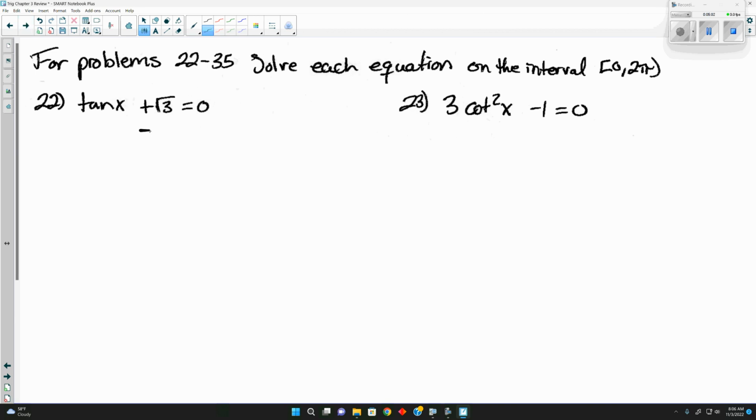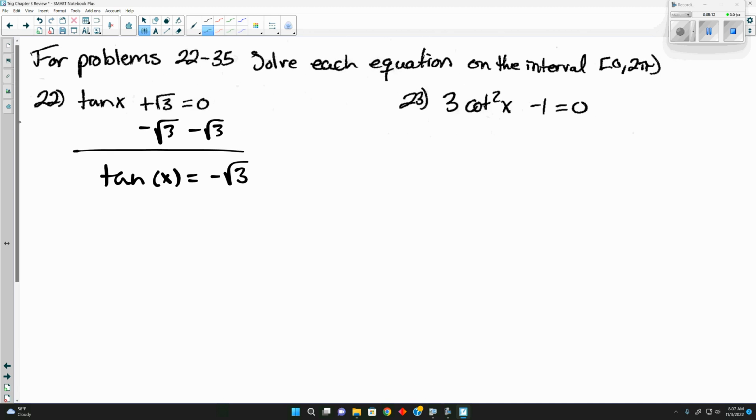22. For 22, the first thing we would do is just subtract the square root of 3, which tells us that tangent of x is equal to negative square root of 3. At this point, we could do tangent inverse of both sides and see what the value is.